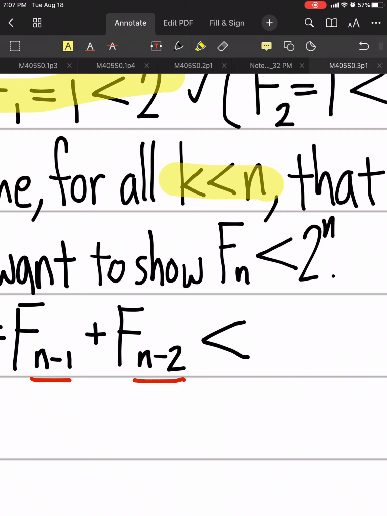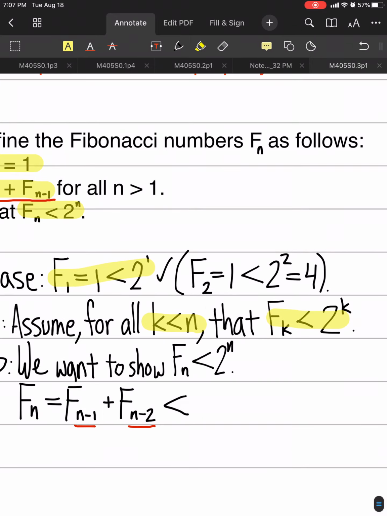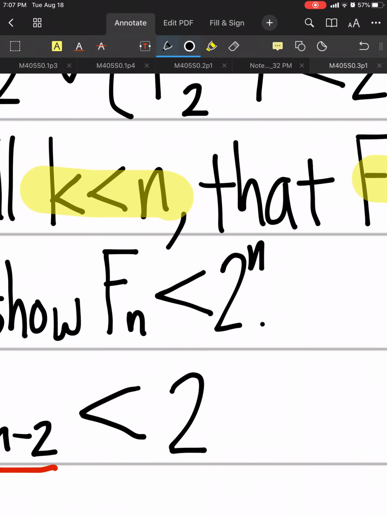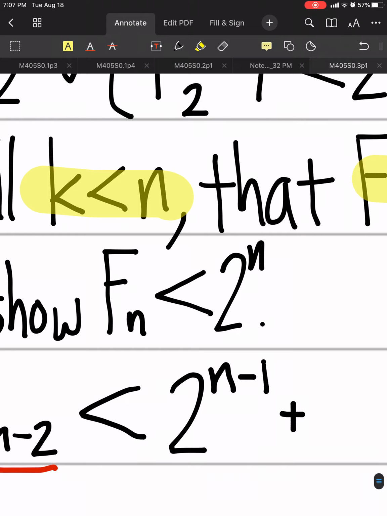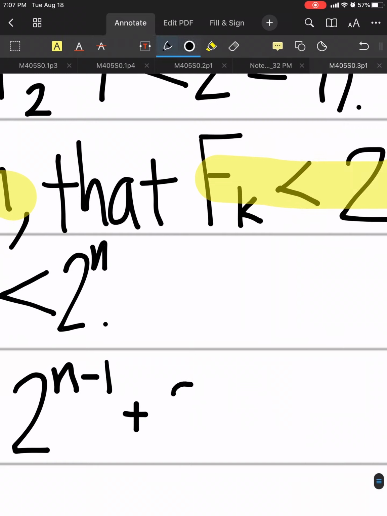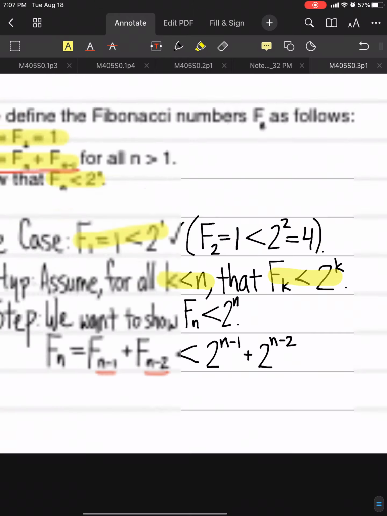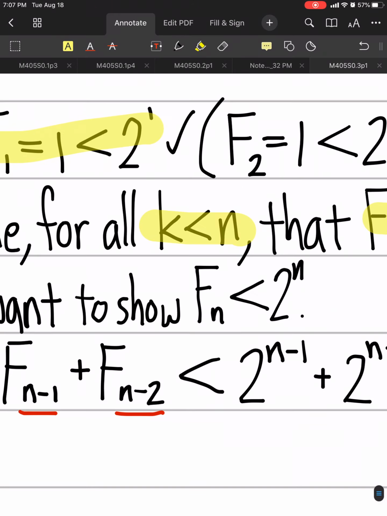That means this f sub n minus 1 is less than 2 to the n minus 1, and f sub n minus 2 is less than 2 to the n minus 2. Let me do the underlines a little bit different here. This first one, I'm going to underline once. The second one, I'm going to underline twice.